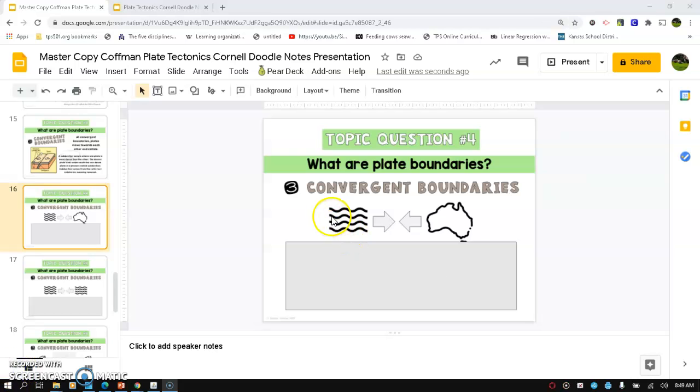We have two squigglies here. I did talk about two different crusts in the Earth's layers, the oceanic and the continental. These squigglies represent the oceanic crust, and the Australia is the continental crust.